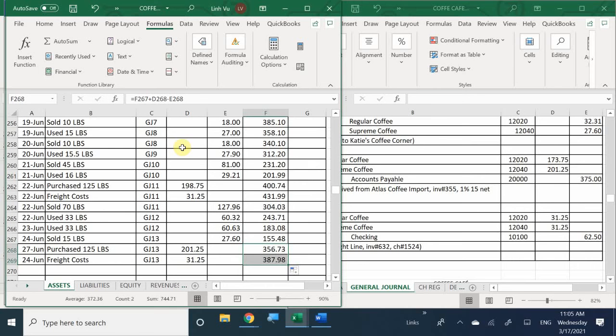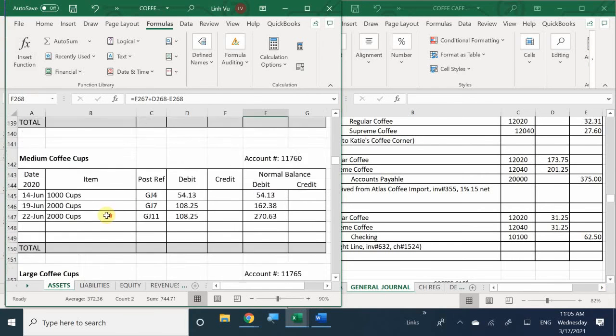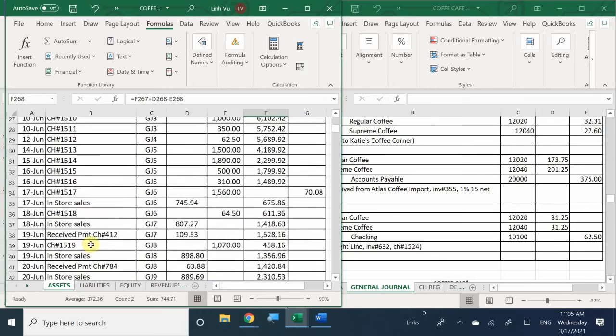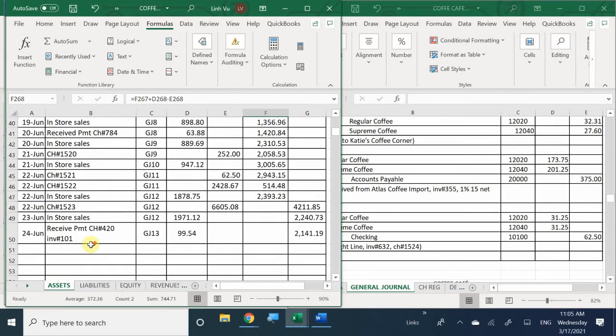Okay. And then I have to go up to my checking account to update my checking. So I wrote another check, 1524, for 62.50.